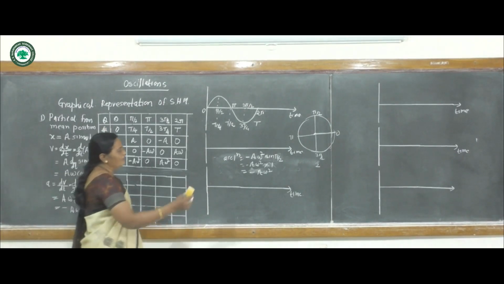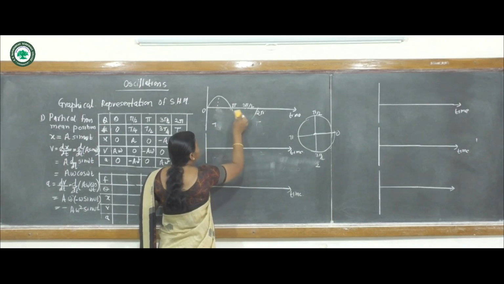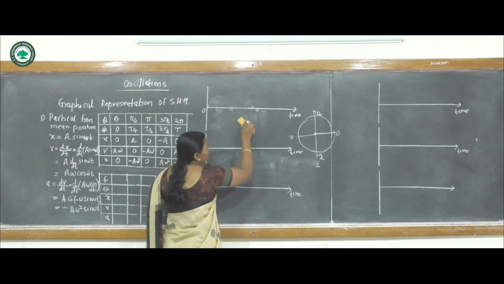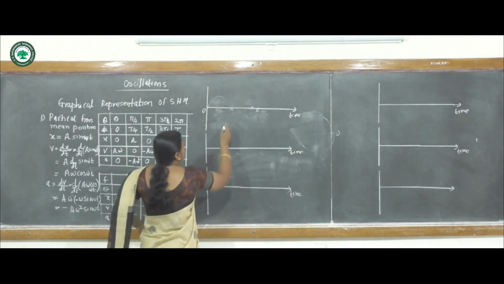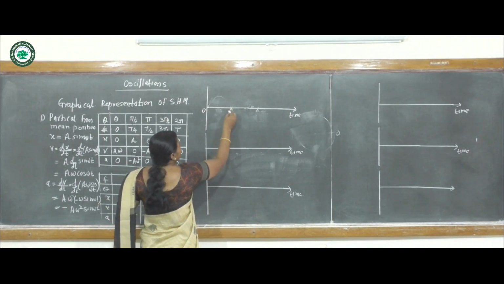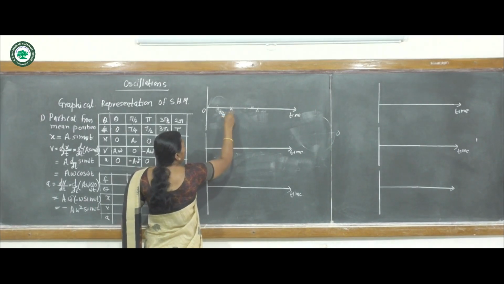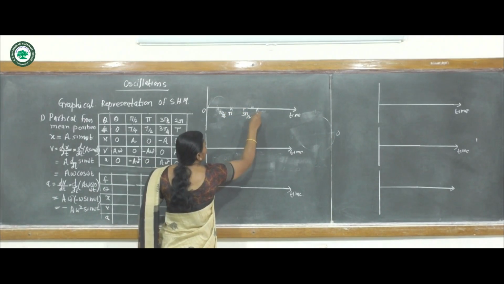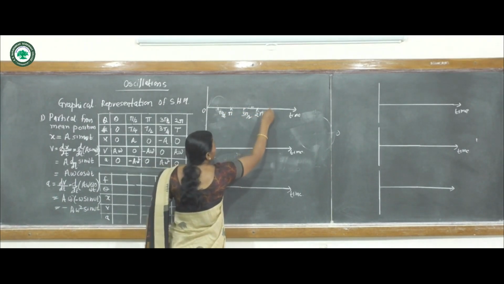Now we see the graphical representation of simple harmonic motion. It is graphically represented as follows. See the angles: pi by 2, pi, 3 pi by 2 and 2 pi, and again next 5 pi by 2.